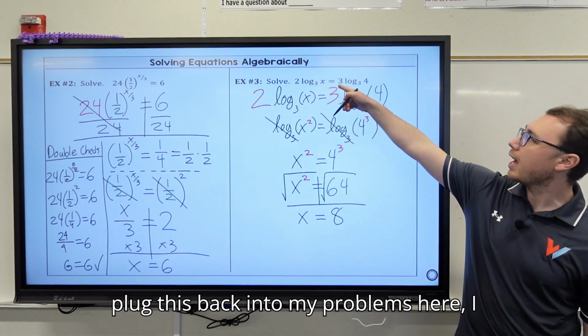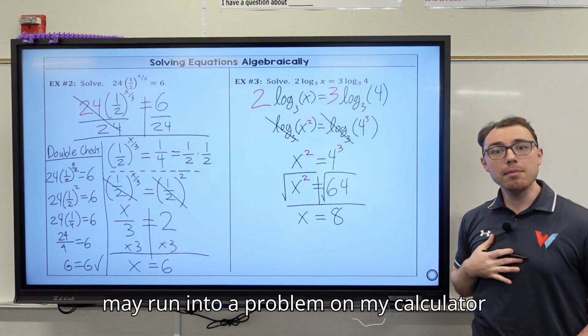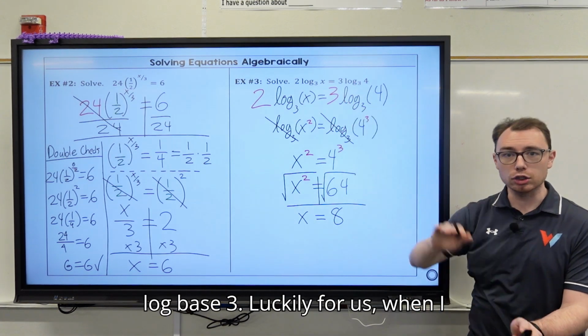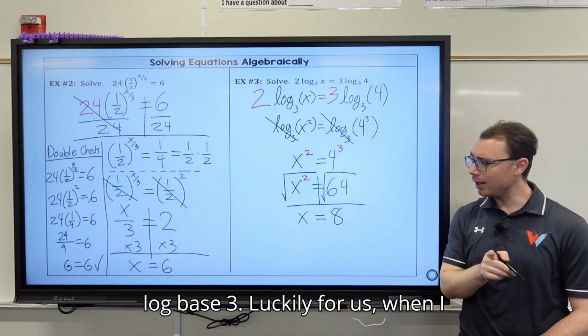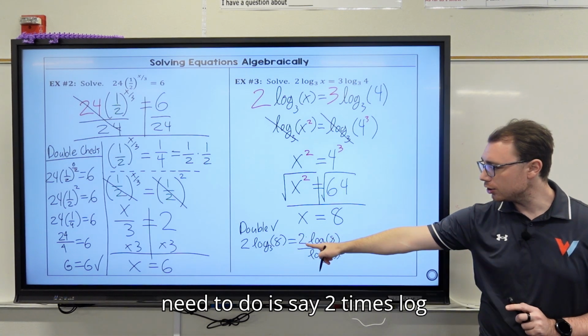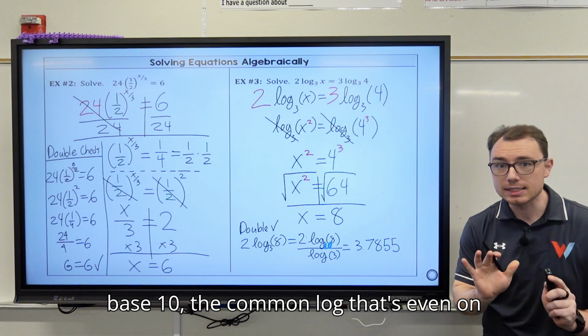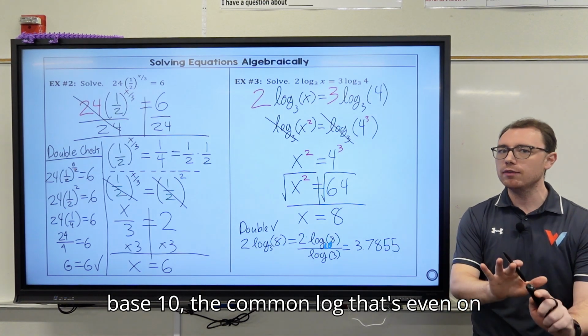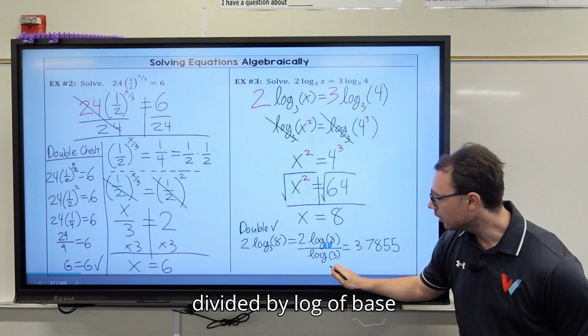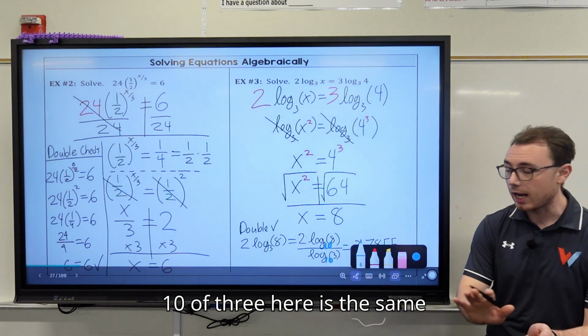Now when I plug this back into my problem here, I may run into a problem on my calculator where I don't have a custom base, like a log base 3. Luckily for us, when I plug this into our problem, all I really need to do is say 2 times log base 10, the common log that's even on those basic calculators, of 8, divided by log base 10 of 3.